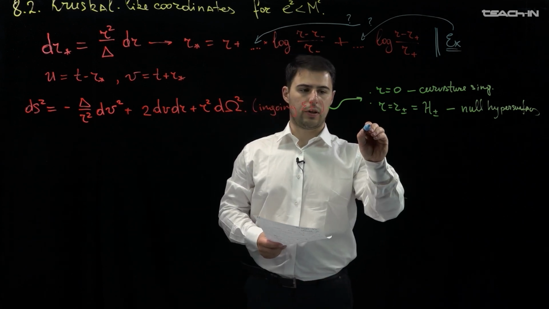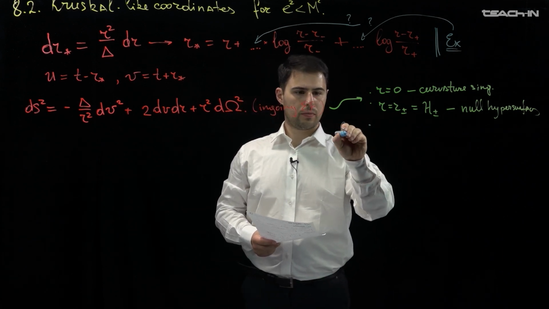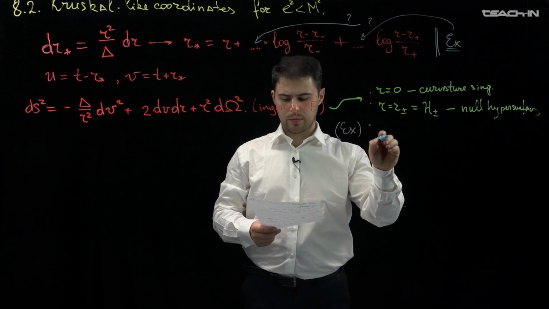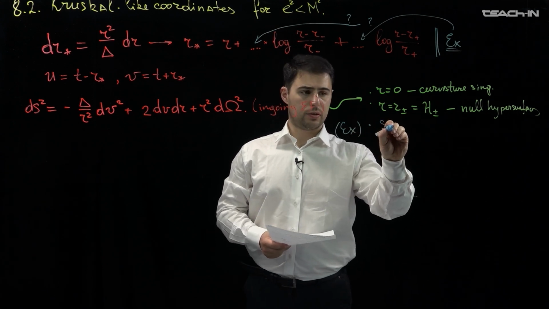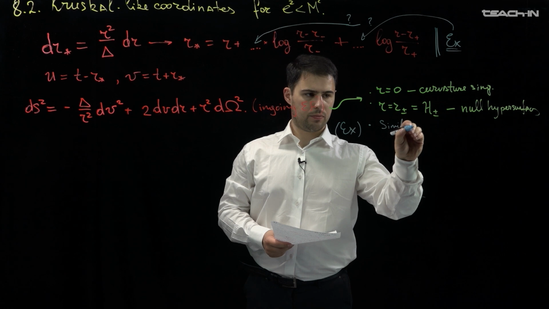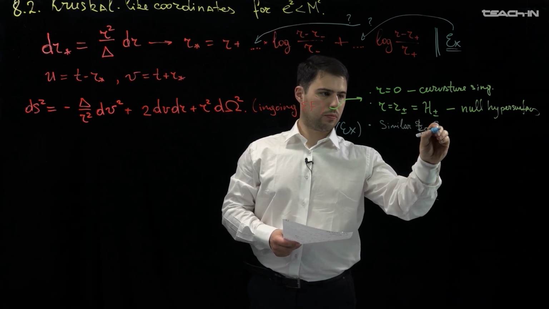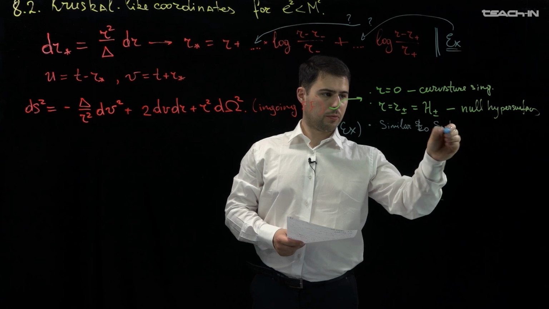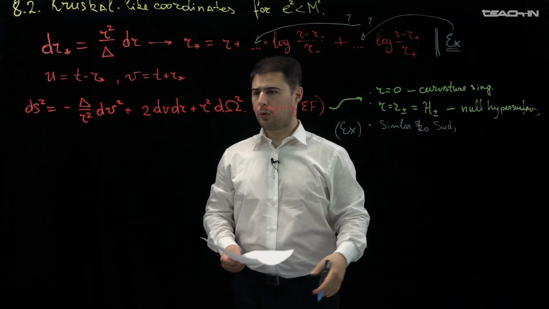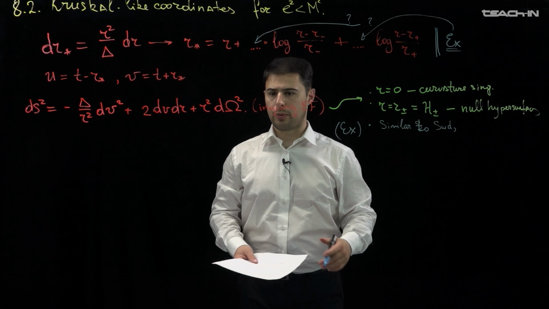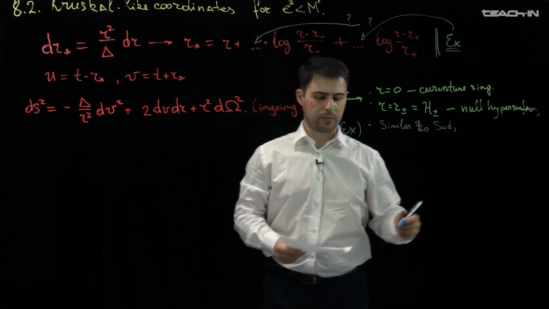Thirdly, and this is an exercise, similar to the Schwarzschild spacetime, we can show that light cannot escape from behind the outer horizon.